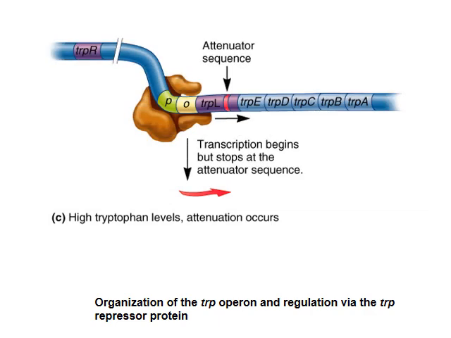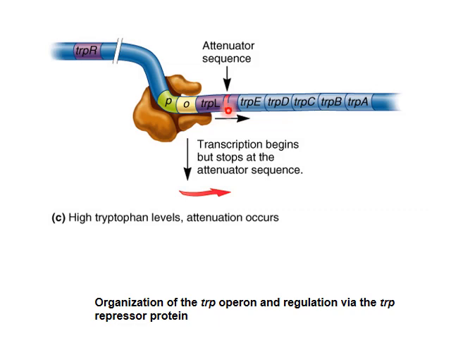The way that the attenuator works is that when you have high levels of tryptophan, if some initiation of transcription occurs, so the RNA polymerase is able to initiate transcription, it gets past the trp repressor protein, or the trp repressor protein doesn't have 100% residency on this space, so maybe a small percentage of the time that it isn't present, you get initiation of transcription.